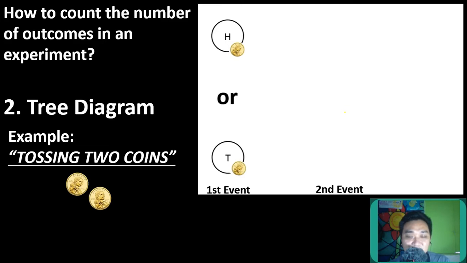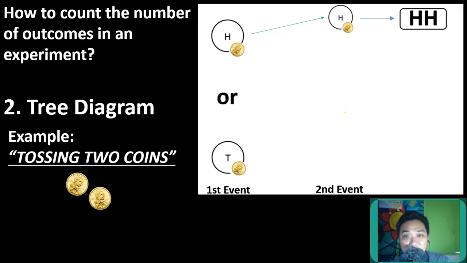And on the second event, say for instance, head yung lumabas sa first event, pwede natin siyang partneran ng another head. Kunyari, ang lumabas sa second event is head. So, it is denoted by HH, meaning head, head.